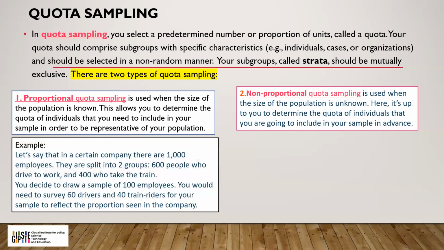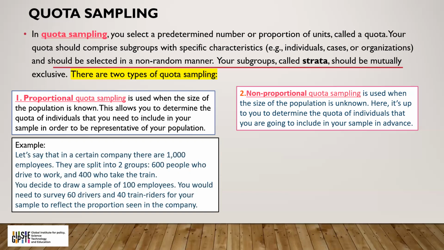For example, for the proportional quota, let's say that in a certain company, there are 1,000 employees, okay? And they are split into two groups. That is 600 people who always drive in their own cars to work, and 400 who take the bus or train to work. So you decide to draw a sample of 100 employees from the company.